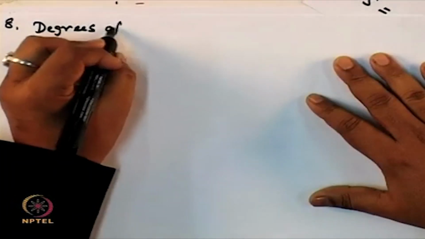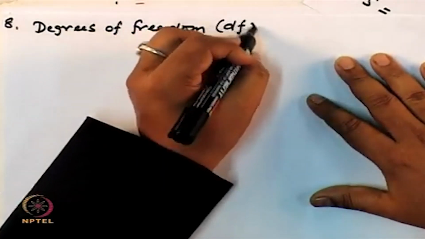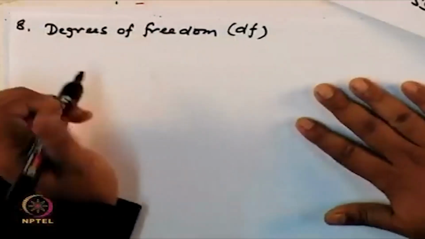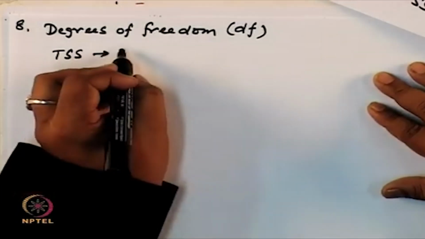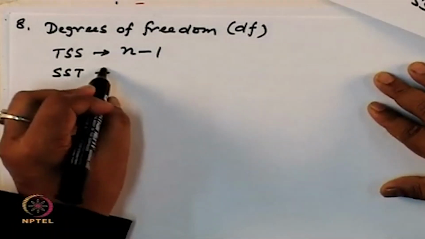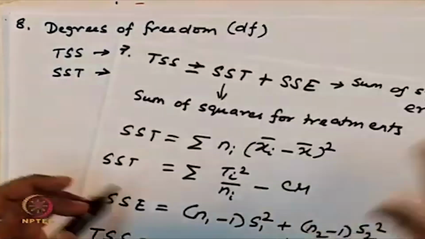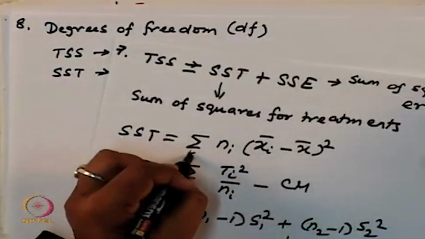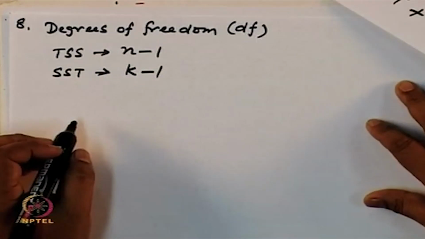So, what can I write about the degrees of freedom for each of these terms? For TSS, you have n terms which you square and add up, so the degrees of freedom for TSS is n minus 1. For SST, you have k terms, so the degrees of freedom for SST is k minus 1.